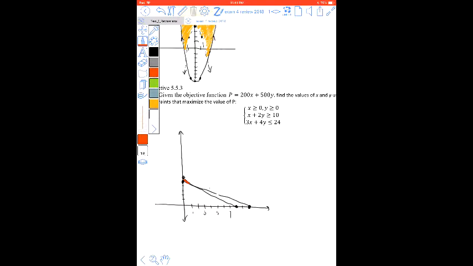Not a very big shaded region. So I need the boundary points of that. It's wherever that intersection point is, and then this point. So I need to know the location of that point, I need to know the location of that point, and I need to know the location of that point.